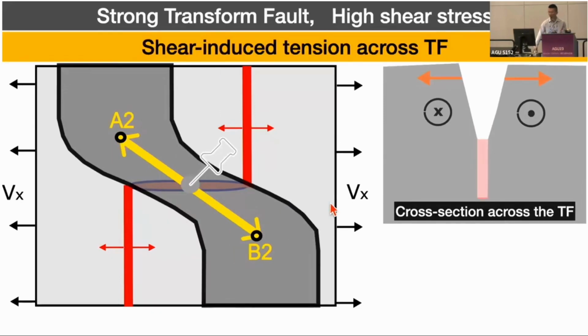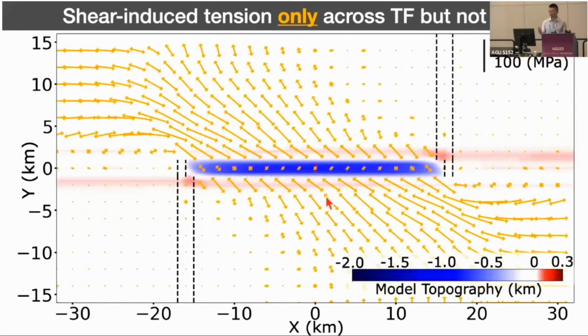So this shear-induced tension across the transform fault only arises across an actively shearing transform fault, but not across the fracture zone, as indicated here by the principal tensional stress arrows. This is the main reason why we get consistently shallower fracture zones than their adjacent transform fault valleys for all models.